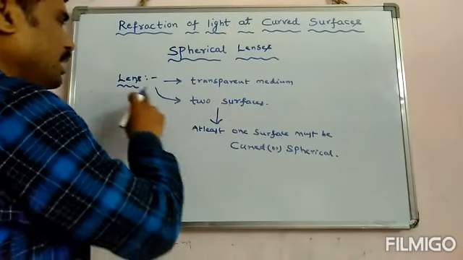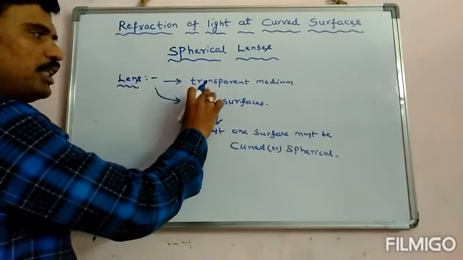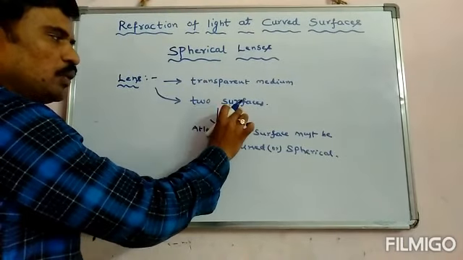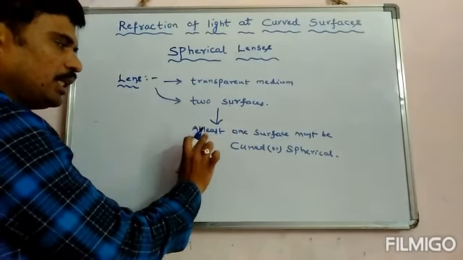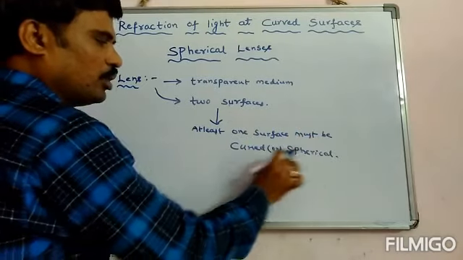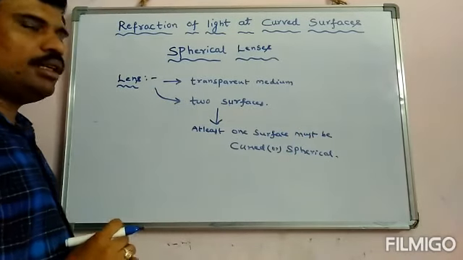Then we can call it as a lens. Lens is a transparent medium bounded by two surfaces in which at least one surface must be curved or spherical. Then we call it as a lens.